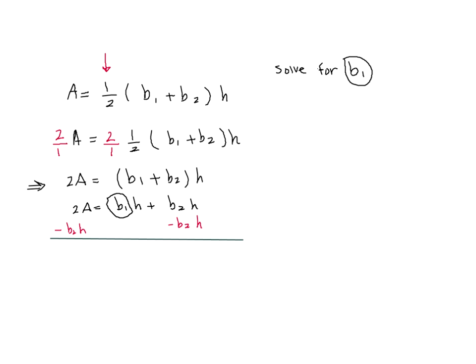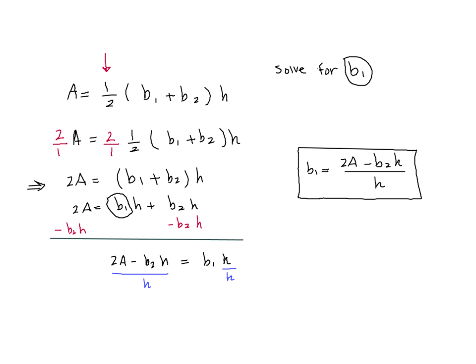So on the left-hand side, I would get 2A minus B2 times H is equal to B1 times H. So to solve for B1, all I have to do is just divide both sides by this coefficient. And there we have it. Then we get B1 is equal to (2A minus B2H) over H. Can I simplify this? Can I reduce anything? That's the question. Okay, who wants to answer that?